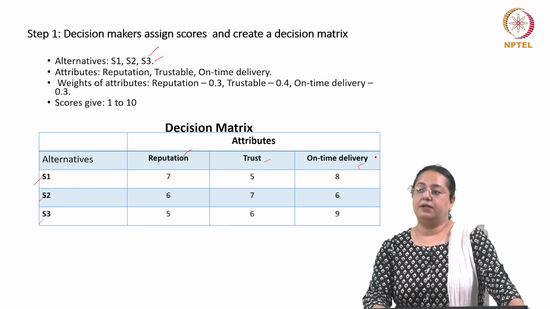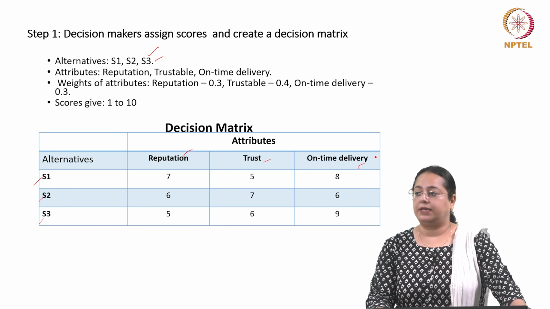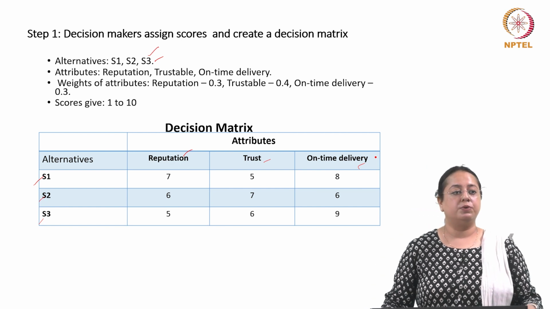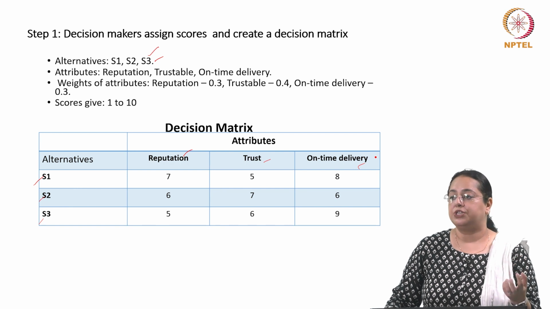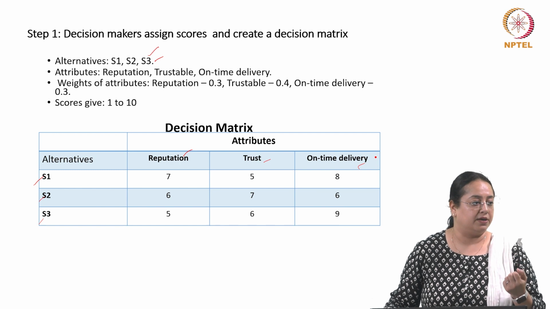Now these multi-criteria decision-making models also give us one liberty. Many times there are indicators which cannot be measured objectively with numbers.